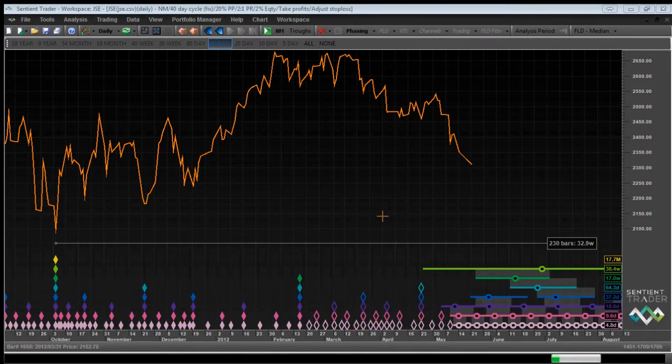Different markets will experience major troughs not necessarily on exactly the same day, but you can use evidence from different markets to bolster your confidence about the analysis that you're looking at in the other markets.